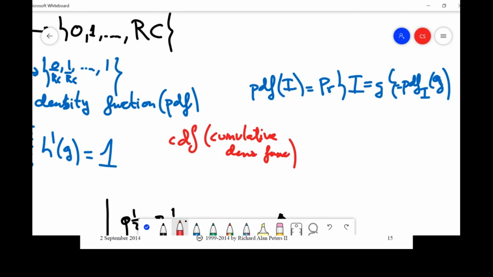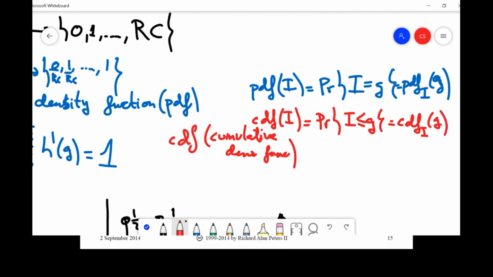The CDF is some kind of similar definition, but now instead of equal, it is smaller or equal. And we can write it in this way. So it is a function of G. So given a gray value G, what is the probability that taking a pixel at random from the image I, it takes a value that is smaller or equal to G.